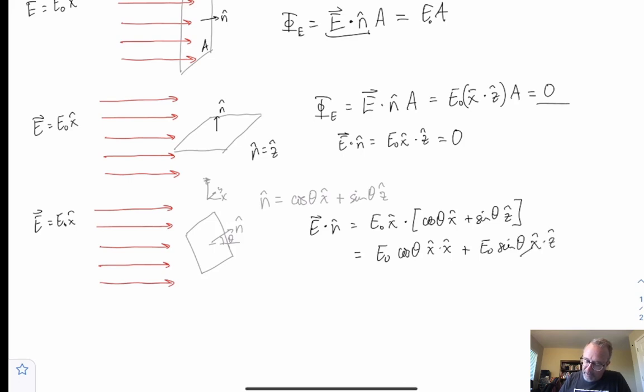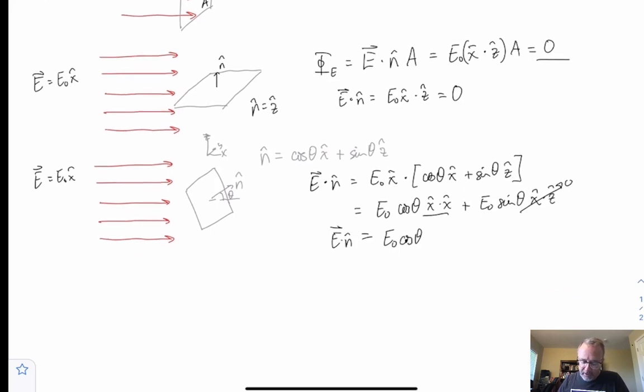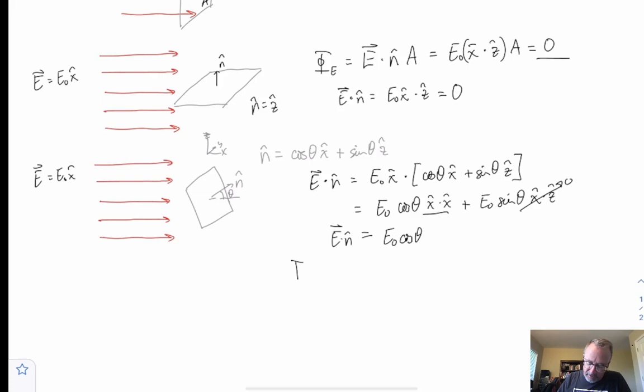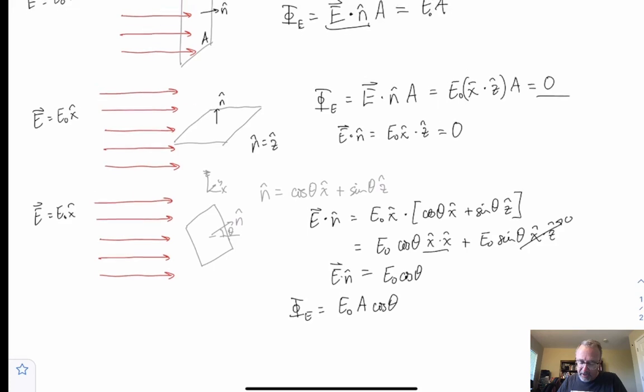Of course x hat dot z hat is 0 and x hat dot x hat is 1, so that's just E0 cosine theta. Then the flux would be E dot n hat A, which is E0 A cosine theta.